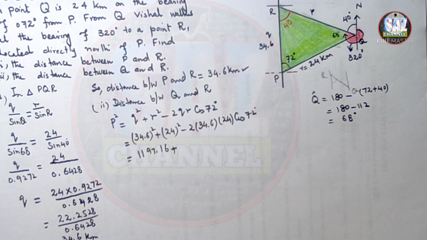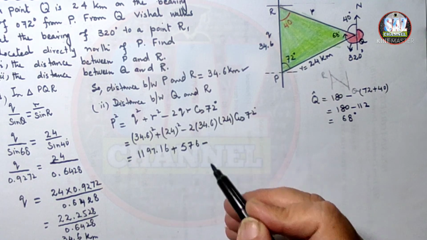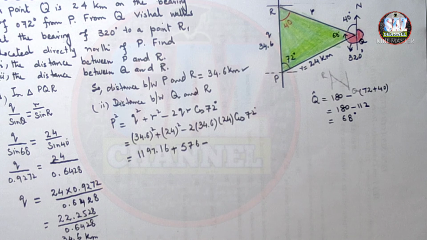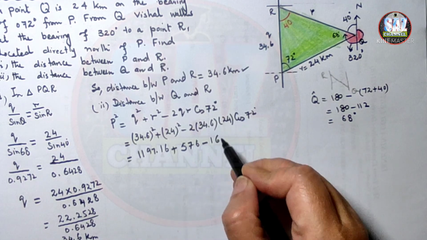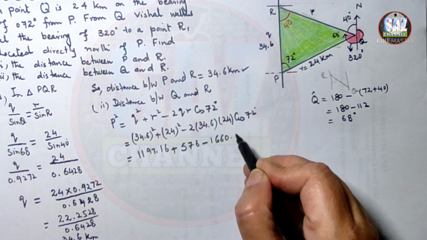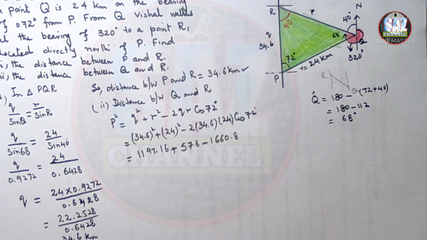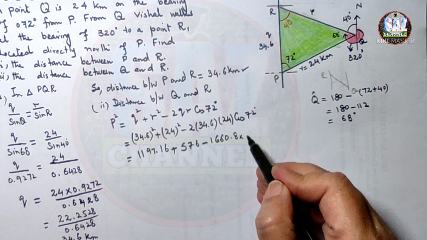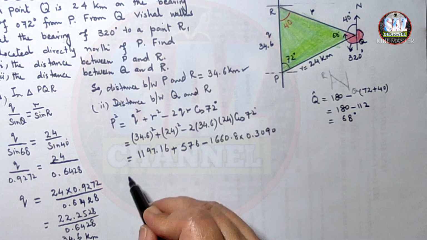Then minus 2 into 34.6 multiplied by 24, which gives me 1660.8, and then I have to find the value of cos 72 degrees, which gives me 0.3090.